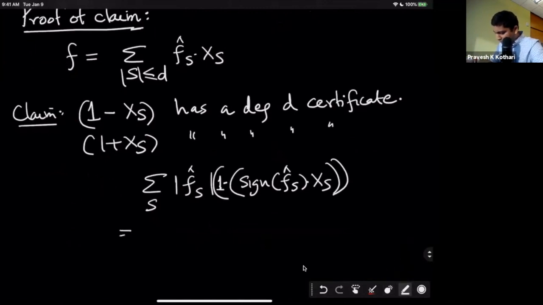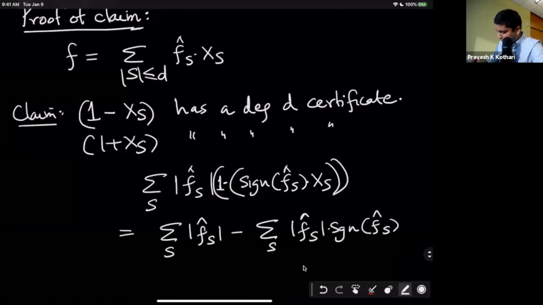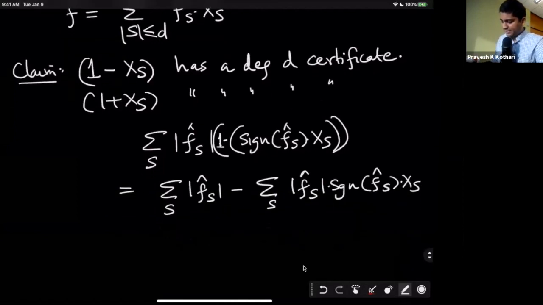So what does this mean? It means the sum over S of the absolute value of f hat S times 1 minus the sum over S of f hat S x_S, and now I basically recover the polynomial. I'm claiming that has a degree D certificate. I have reduced my task to this claim: if you shift any monomial by 1, then it has a degree D certificate.